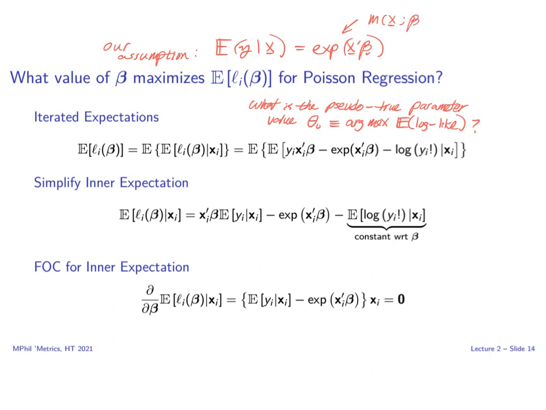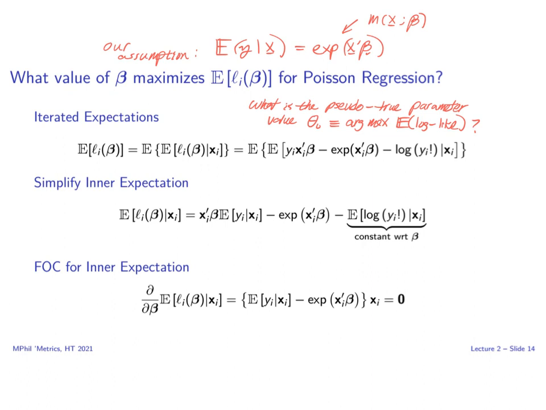And I mentioned that a very common choice of m in practice is e to the x prime beta. So throughout this lecture, we're assuming that the conditional mean of y given x is e to the x prime beta. All right, so given that fact, and given that we don't necessarily believe our Poisson assumption, what is the pseudo-true parameter value for Poisson regression? Well, we're going to find out in a few steps.